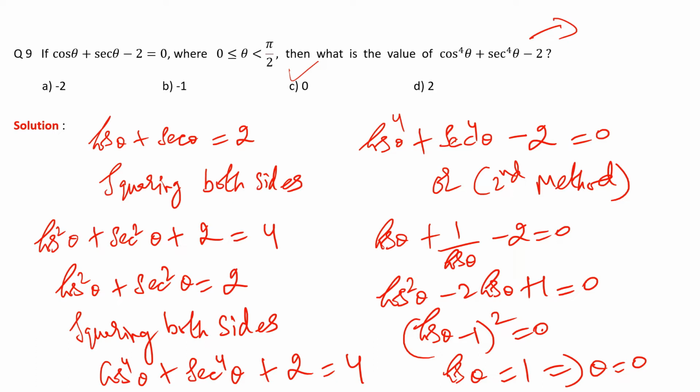It becomes cos 0 whole power 4, that is 1, plus secant 0 whole power 4, again 1, and minus 2. So finally this is 0. So we again reach at the same result. Answer is 0. So students, you can adopt any of the two ways depending upon your comfort level. Now we move to our next question.